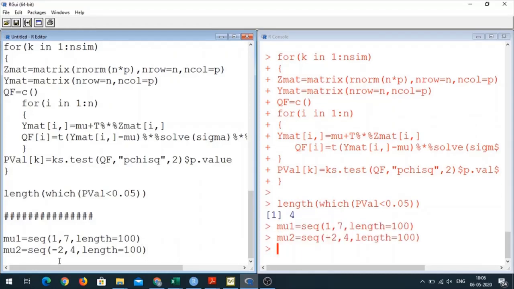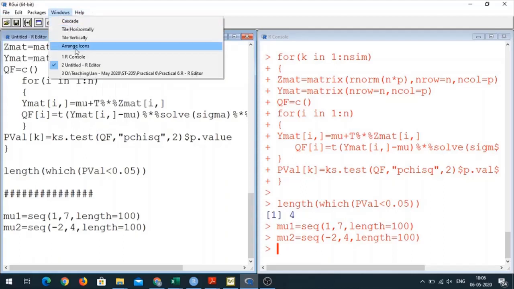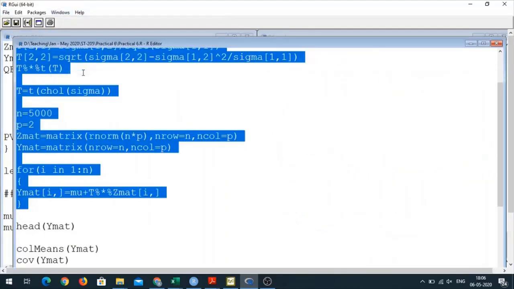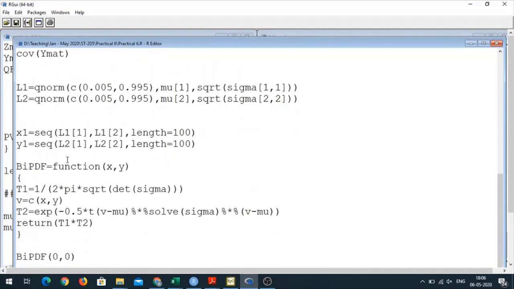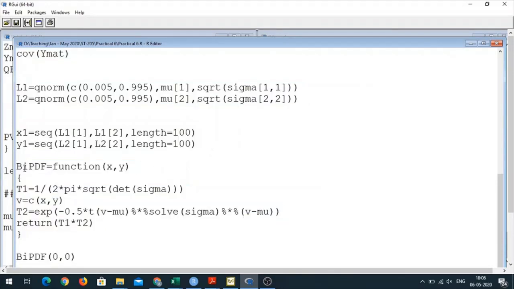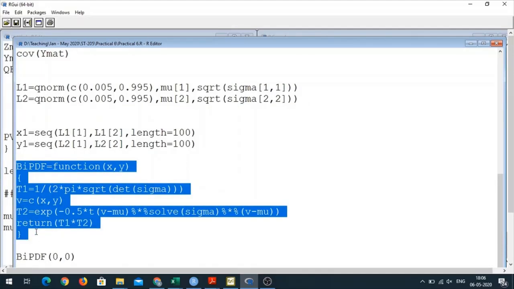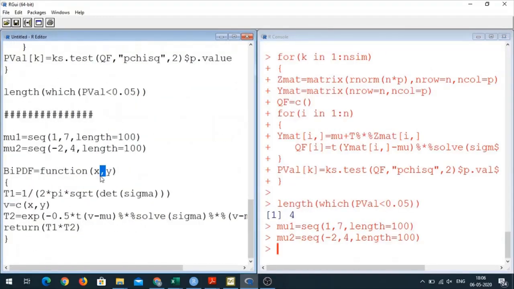I need to write the likelihood. We can use the bivariate PDF that we computed last time. So yes, I have that here. But the thing is, when I computed the PDF, it was a function of x and y.